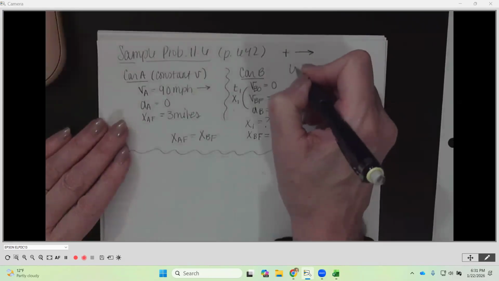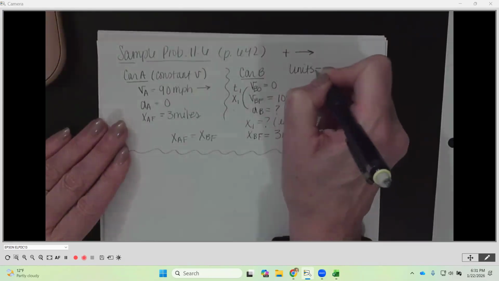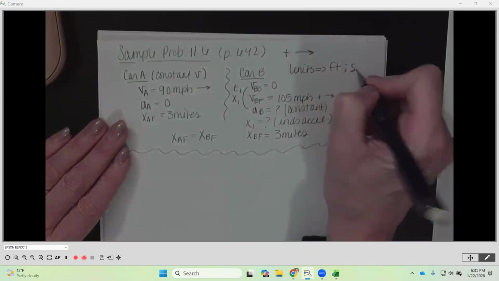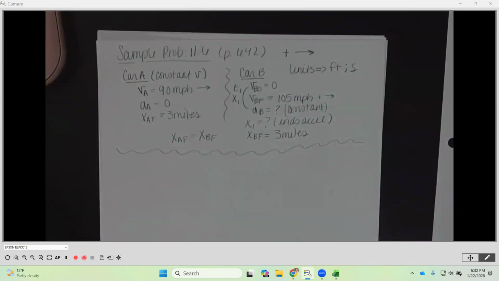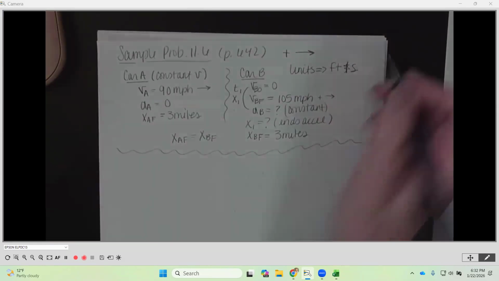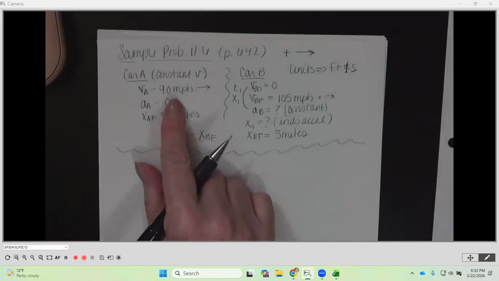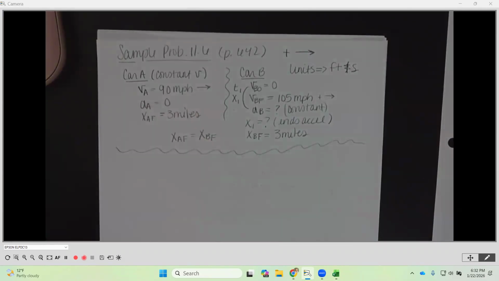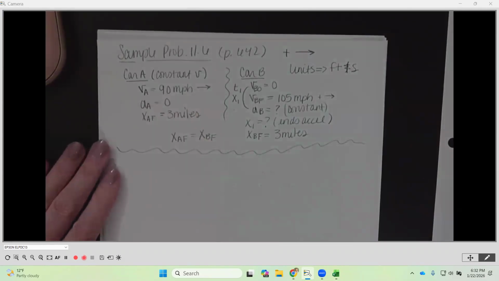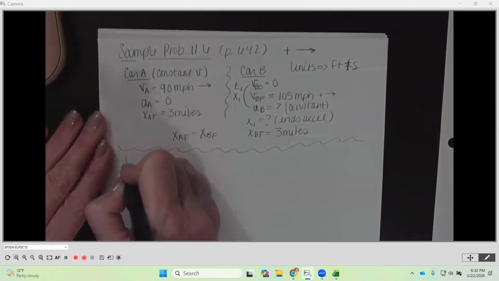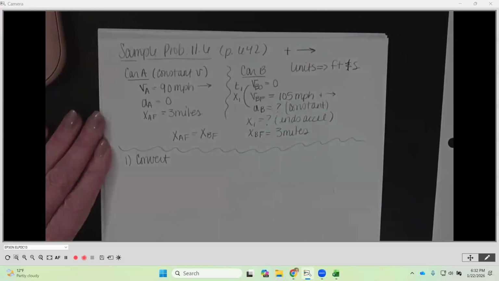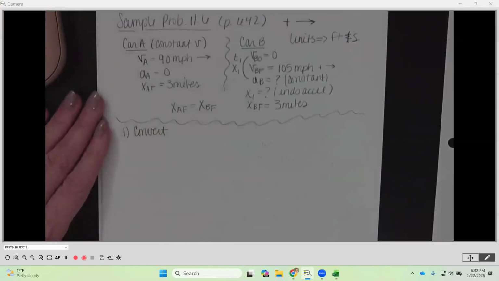So feet for distances and seconds for time, and we're in miles and hours. So the first thing we're going to do is convert anything that we have here. Step number one is convert. We want everything to be consistently in feet and seconds.